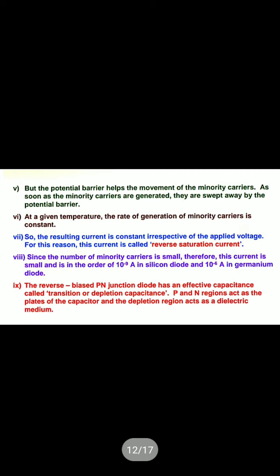In reverse bias condition, the current we get due to the minority carriers is called the reverse saturation current. Everything is written over there. Just go through these points once and write them in your copy.